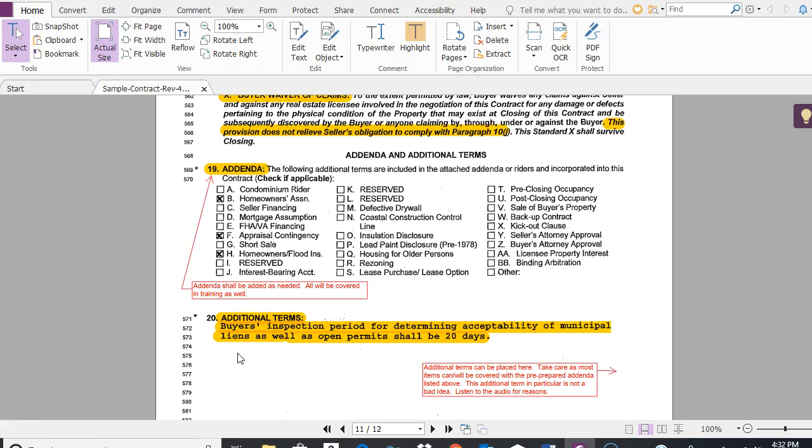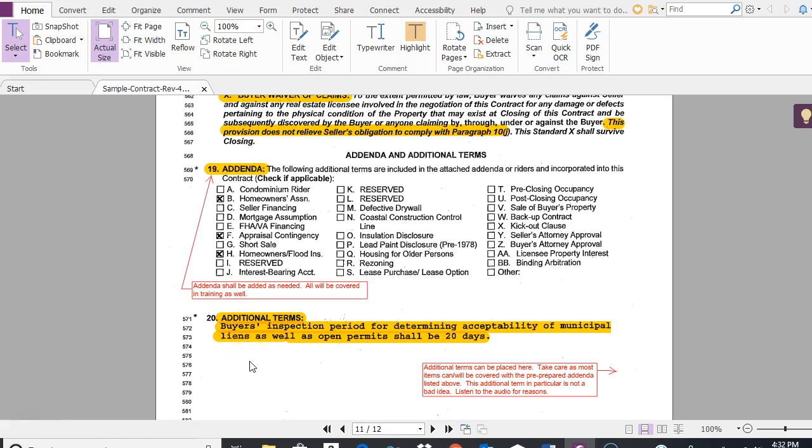Because I've seen people say 3% of the closing costs. Well, that just means if the closing costs were $5,000, 3% is only $150. So what they meant to say was 3% of the $200,000 purchase price, which in this case is $6,000. It's a significant difference. We've had agents make that mistake.